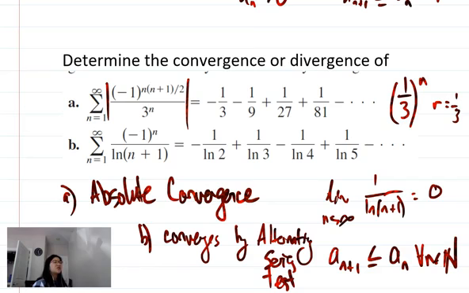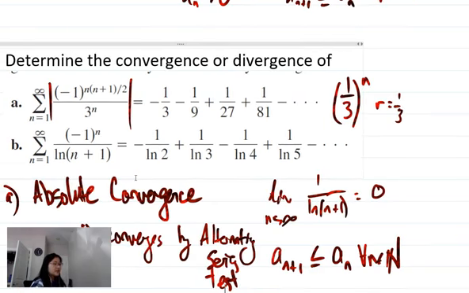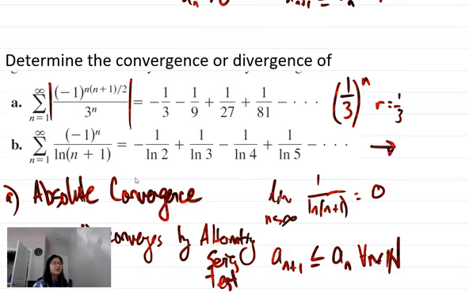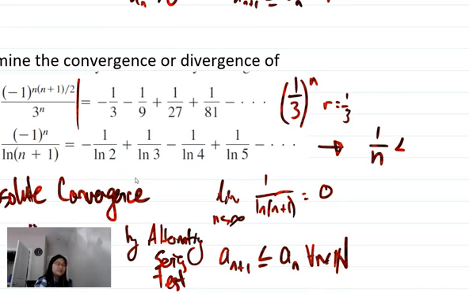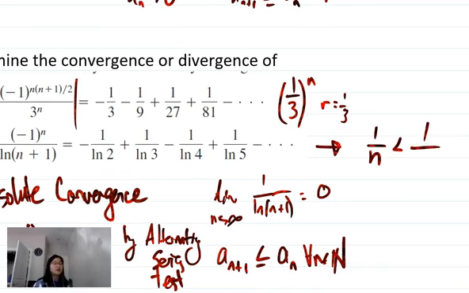Well, maybe we need more space. We could use the direct comparison test, right? Because compare this with like 1 over n. So with 1 over n, that's going to be less than 1 over natural log of n plus 1. Right?